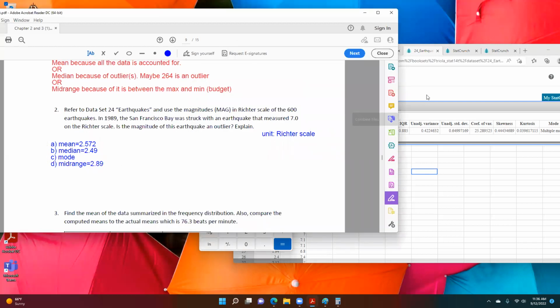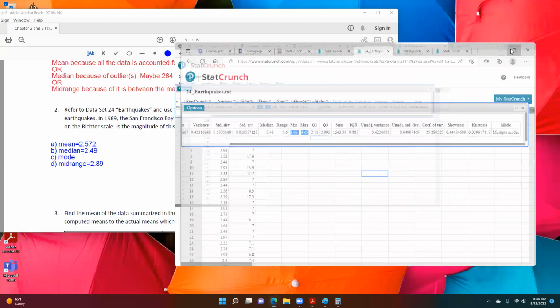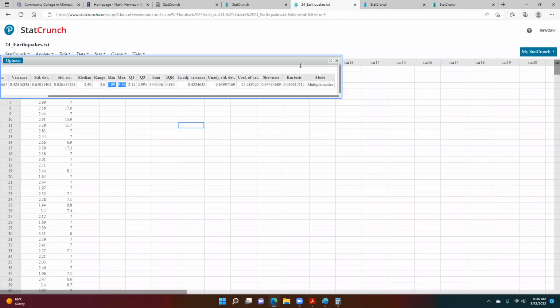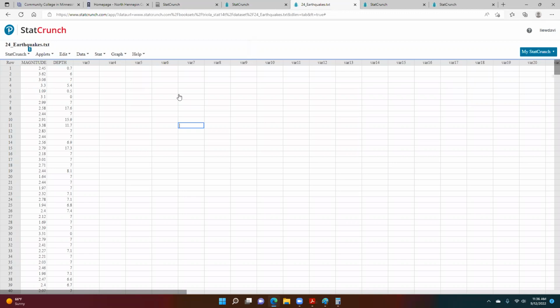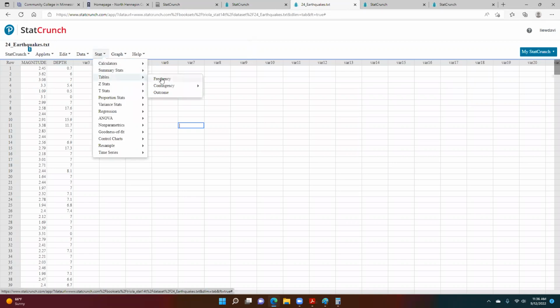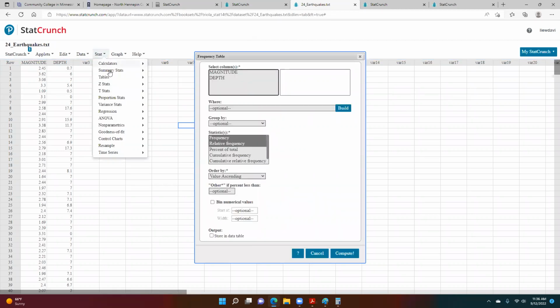Okay. So now we need to find your modes here, because this question has multiple modes. In order to find multiple modes in StatCrunch, you go under Stats, then Table, then Frequency.